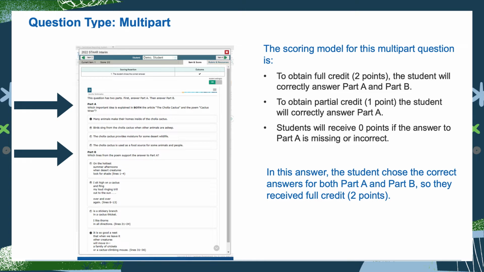And then students would make their text evidence answer choice. Now, to obtain full credit, the student would need to correctly answer both parts A and B. The student can obtain partial credit if they correctly answer Part A, but not Part B, but they will not receive any points if the answer to Part A is missing or if the answer to Part A is incorrect.